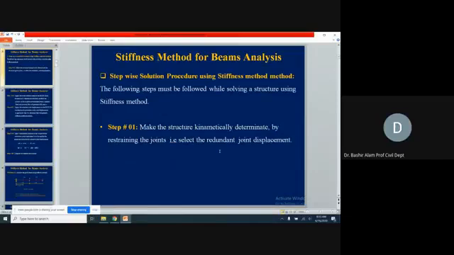And when you identify those as your redundant joint displacements, then corresponding to those you will also look for the externally applied actions, and you will include them as AD matrix elements. So in step number 1, we are going to identify our unknown joint displacements, and then we will complete our AD matrix also.